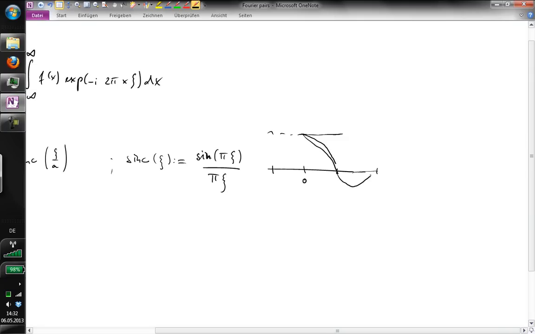So it looks something like this, and so on. And overall, as you see, it decays as 1 over xi.